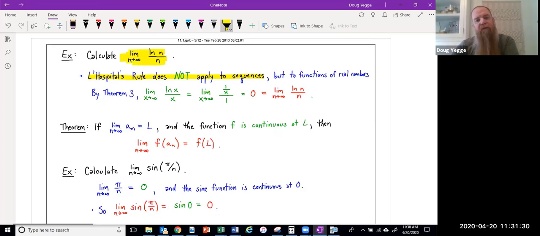Because in order to do so, ln of n has to be a differentiable function. n has to be a differentiable function. But they're not. Because remember, ln of n and n are just individual points. It's not a continuous graph. But what is kind of cool is that if you were to say that the limit of the function gives you a certain value, then it also means that the limit of the sequence will automatically give me the same value.